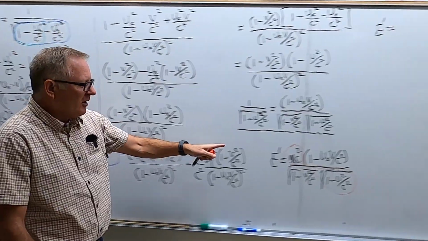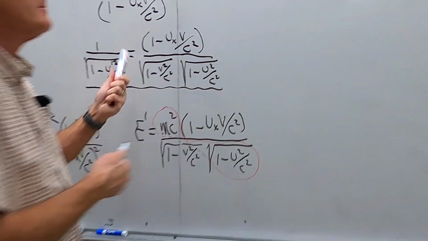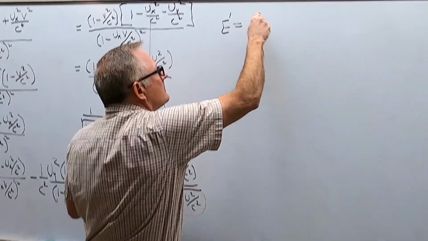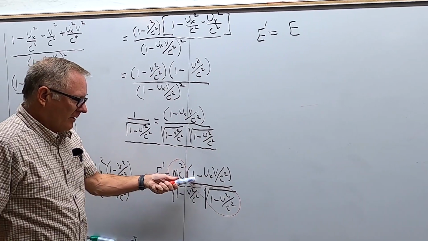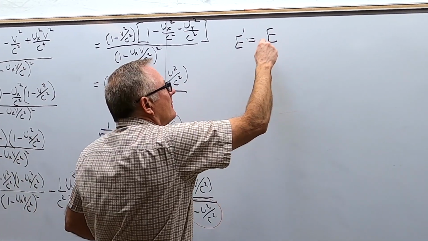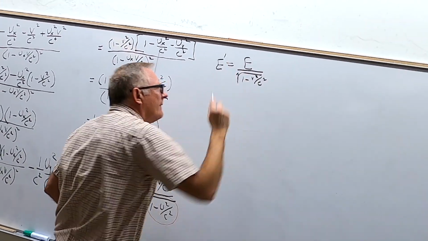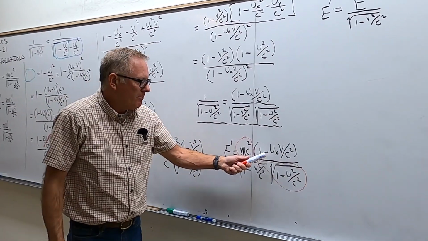So all of that is just E. So we're just multiplying it by 1 divided by the square root of 1 minus v squared over c squared. Then we have a minus.